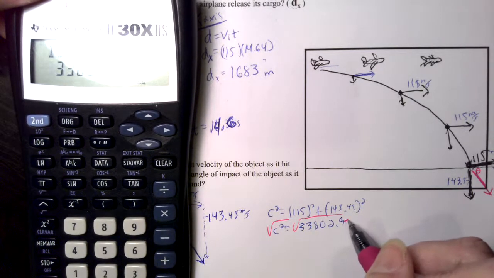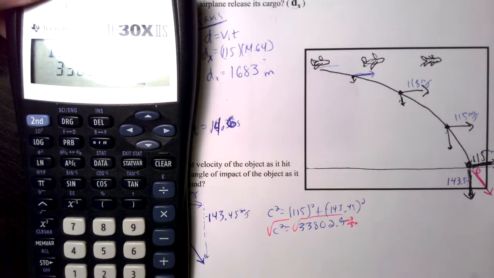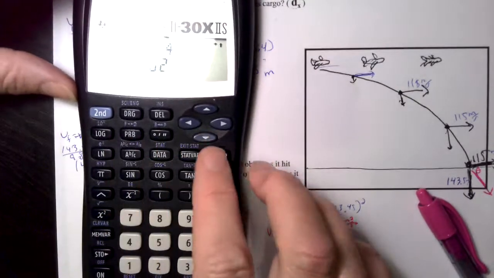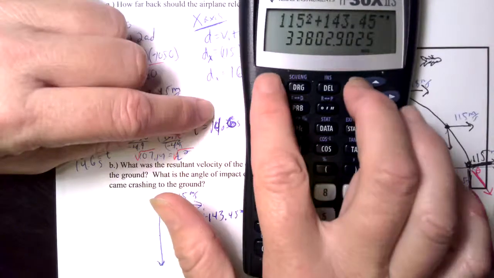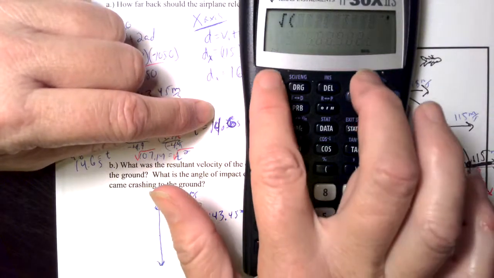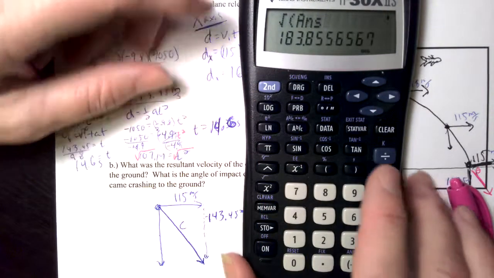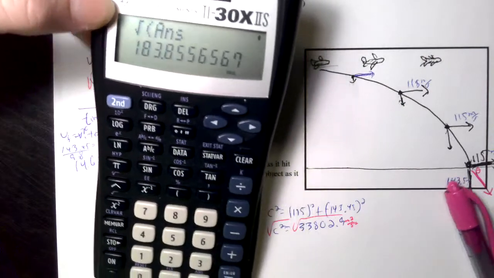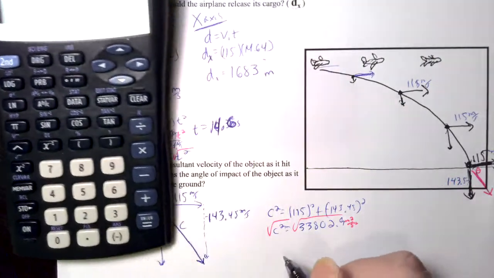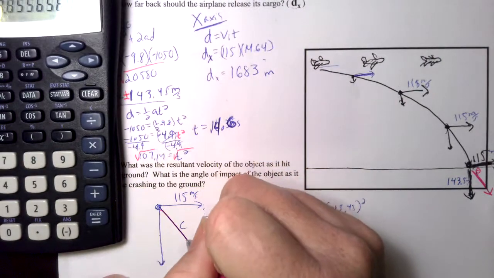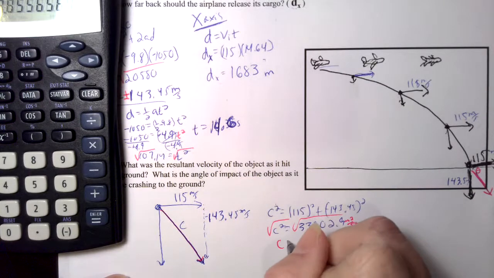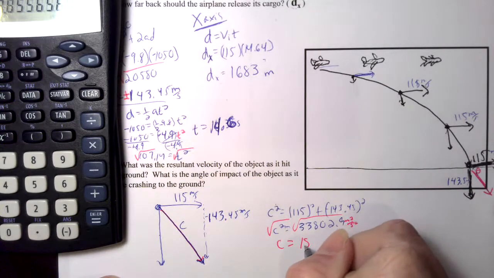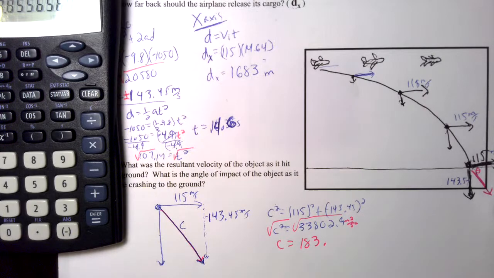The units in here are meters squared per second squared, and it comes out perfectly. I have to square root it, so second, square root, answer. My C, that velocity right here, is 183.9.